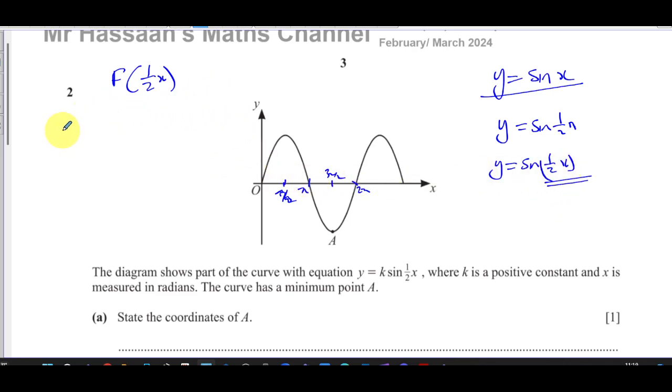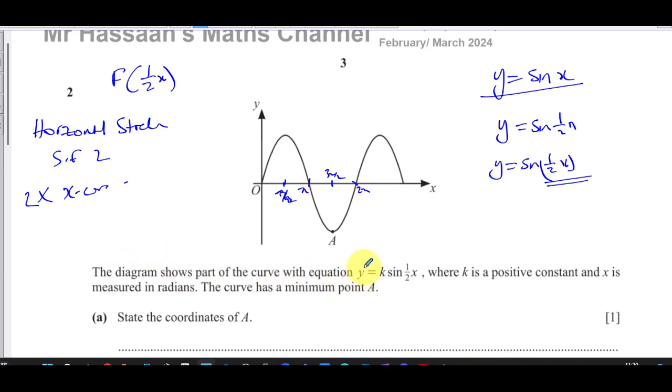Multiplying by a half is a horizontal stretch by scale factor 2. So you multiply the x coordinates by 2.